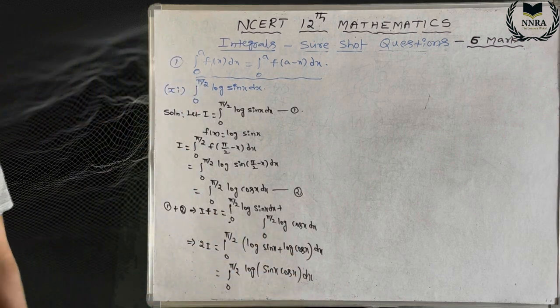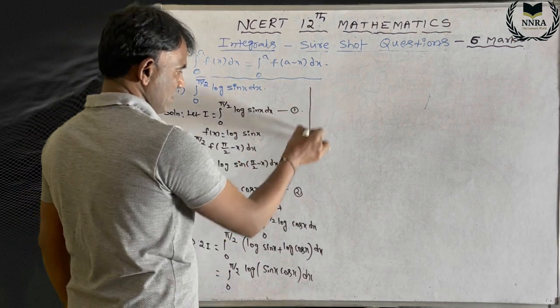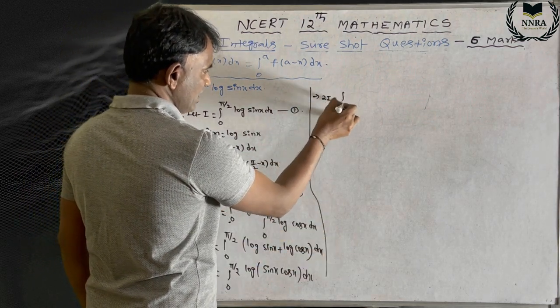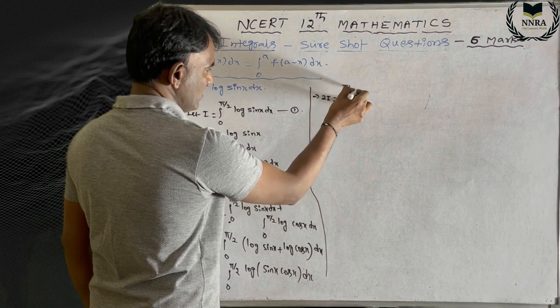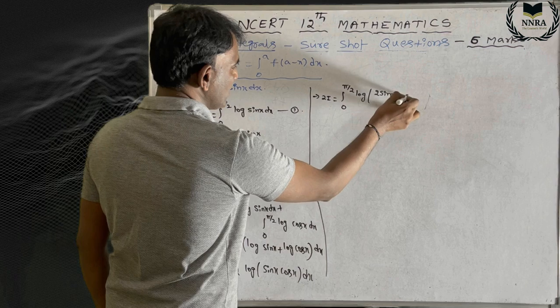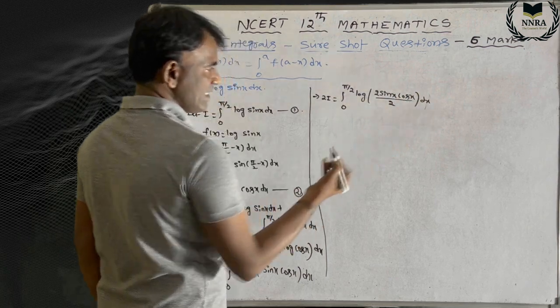But how to simplify this value? So now here 2I equals integral 0 to pi by 2 log of, do one thing, just multiply both the numerator and denominator by 2, okay, then dx.